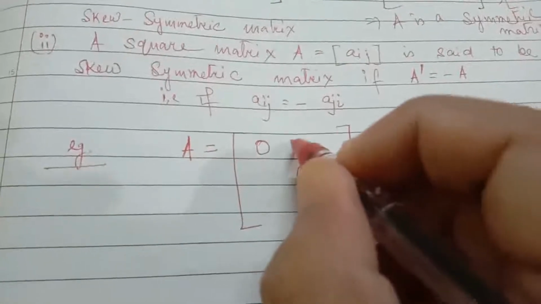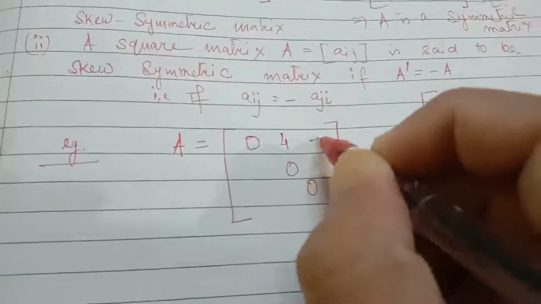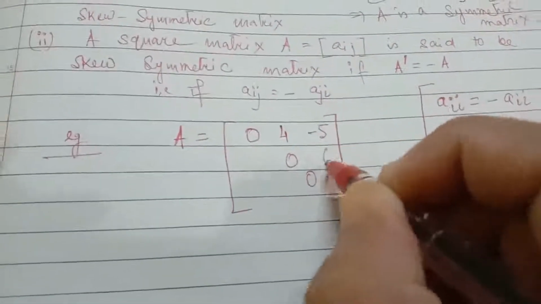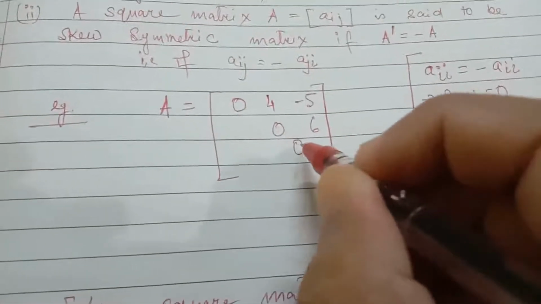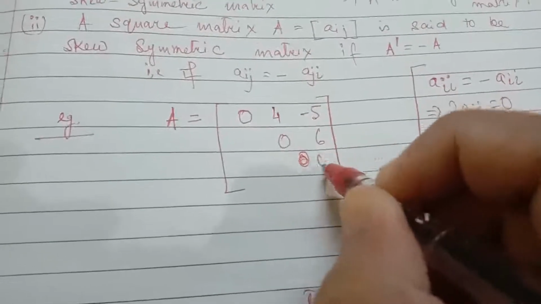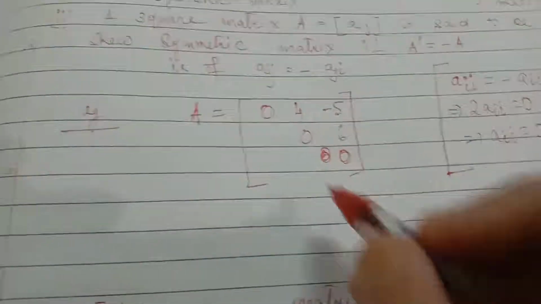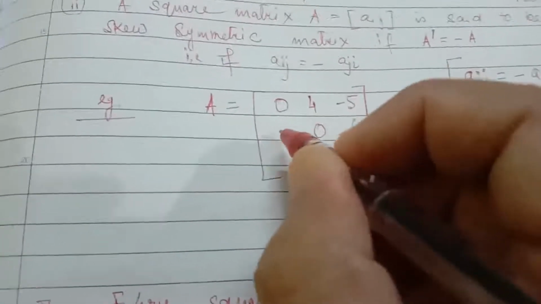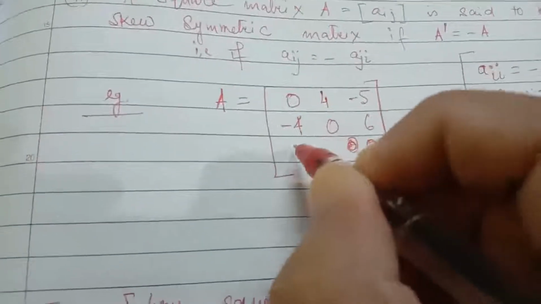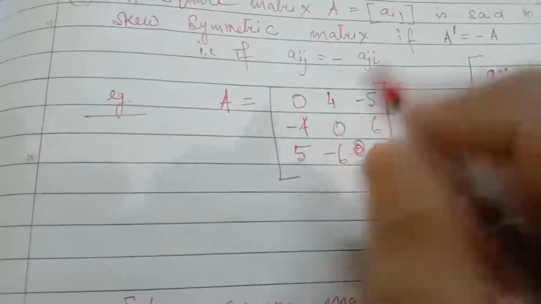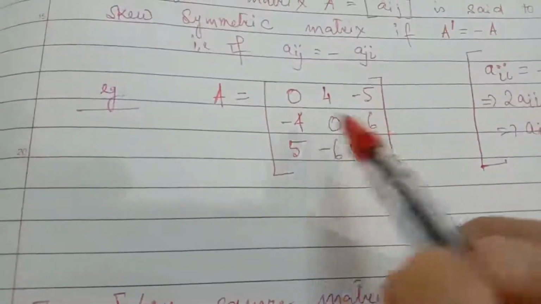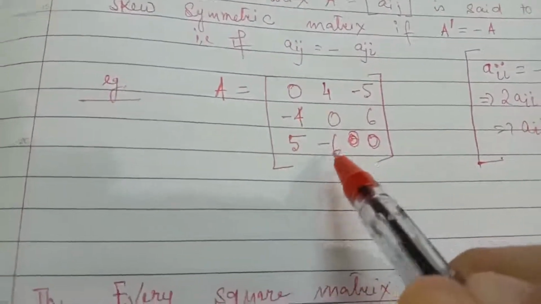Now if we write these 3 elements in this way, 4, minus 5, 6, then these 3 elements you have to write in this way: minus 4, plus 5 and minus 6. Just change the sign, the elements will be the same.